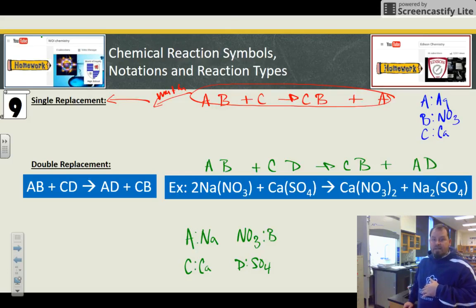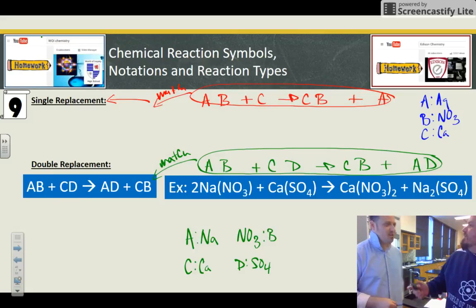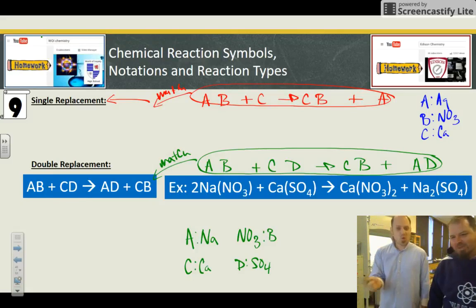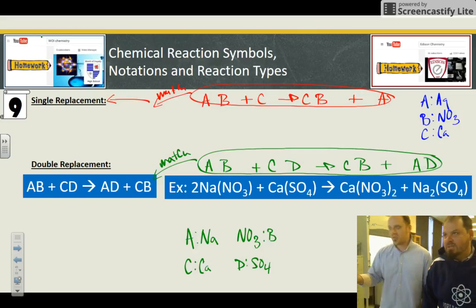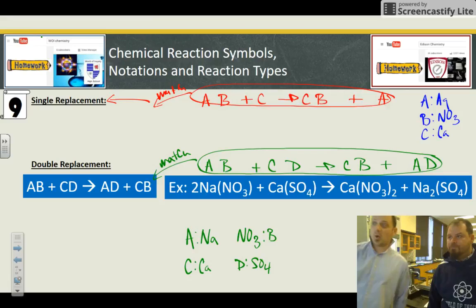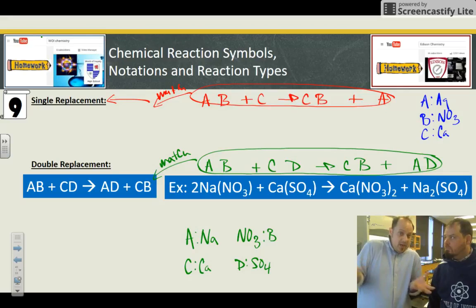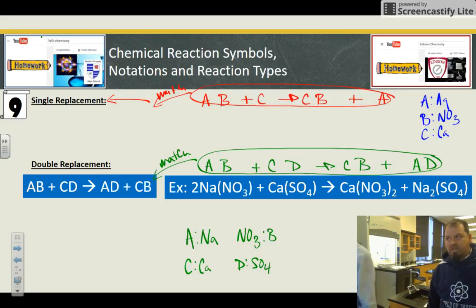Oh, and that is actually our code. We have AD and CB switched, but that's okay. It still matches because of the commutative property of mathematics. When you add things, it doesn't matter what order you add them in, 3 plus 2 is the same thing as 2 plus 3. So that's a little connection to your math class right there. It doesn't matter what order you have them in, CD plus AB becomes BC plus DA. It's the same thing. We're swapping two things around.